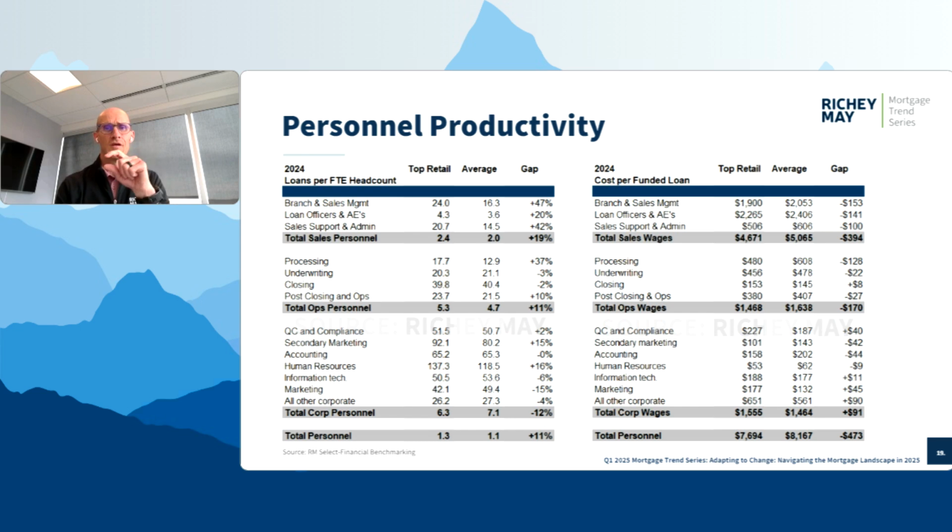And so if you can manage the sales ranks as a real sales org, because at the end of the day, mortgage companies really are just sales orgs, but they need to be managed like sales orgs. So if you focus on making sure that you've got producers that actually produce, then that number is going to improve.